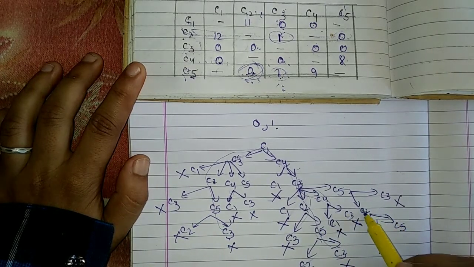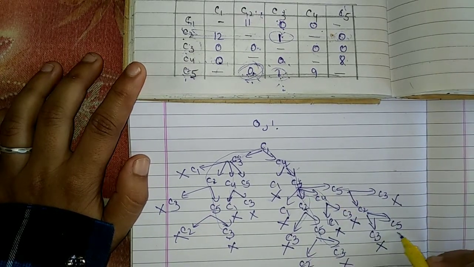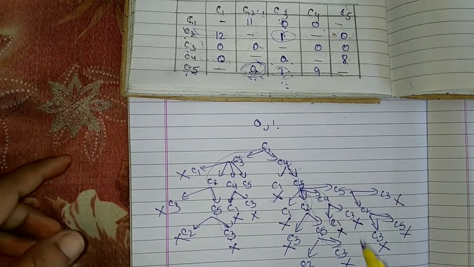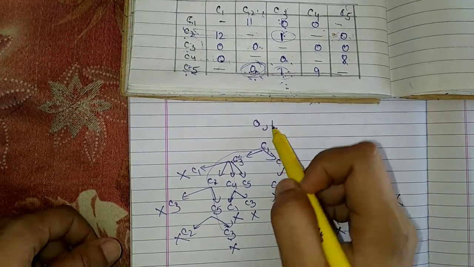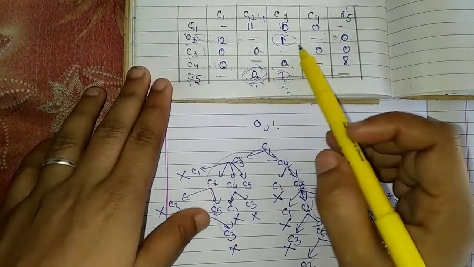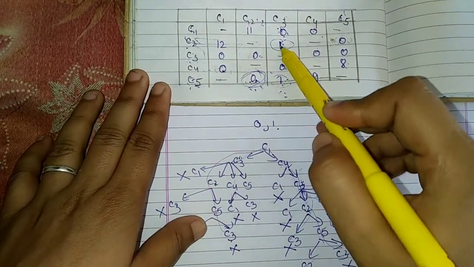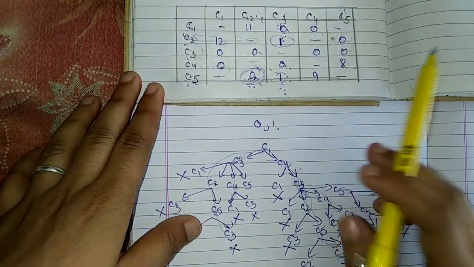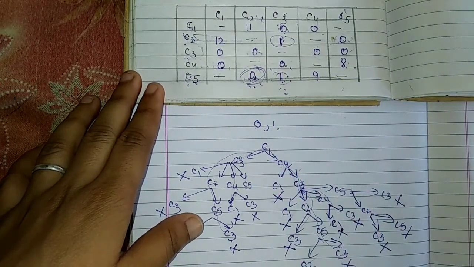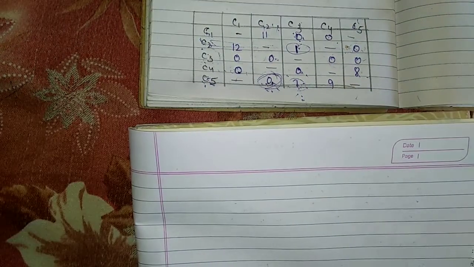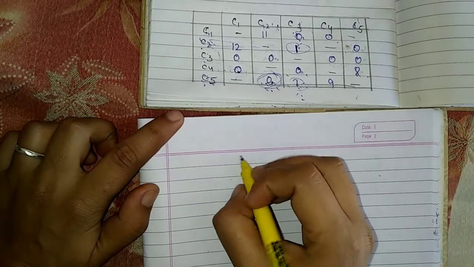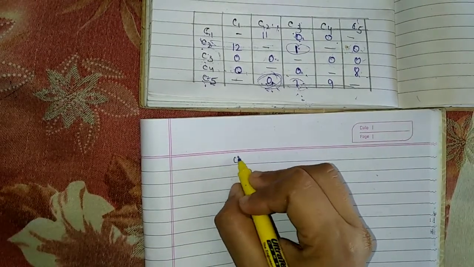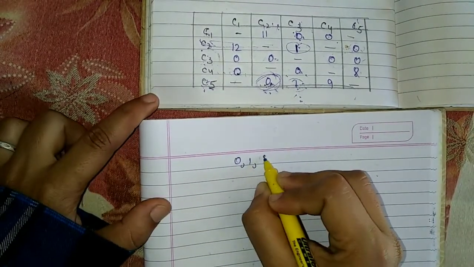Now you can see that we considered 0 and 1. In the next table we considered 0, 1 or 8. Now here we can consider 0, 1 or 8.